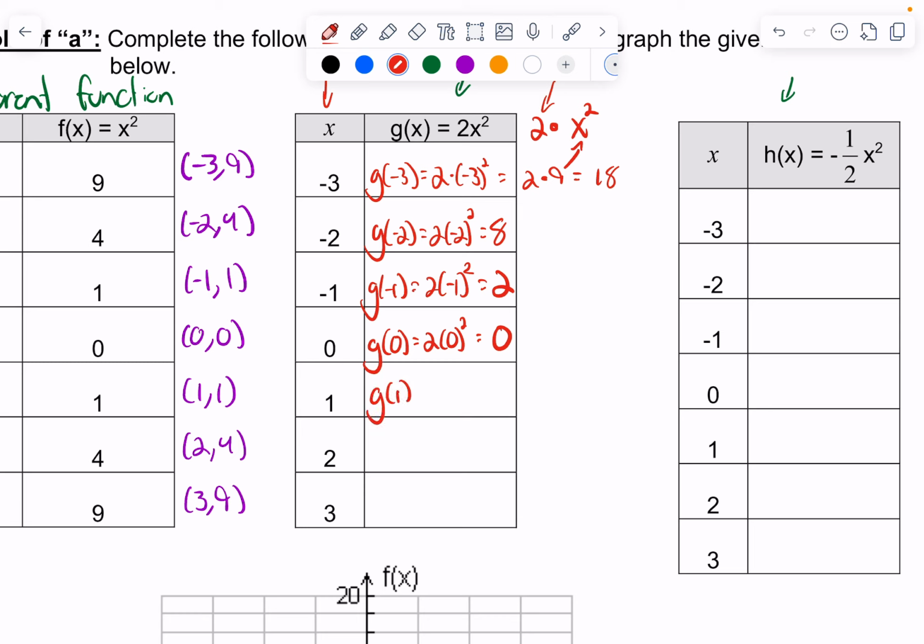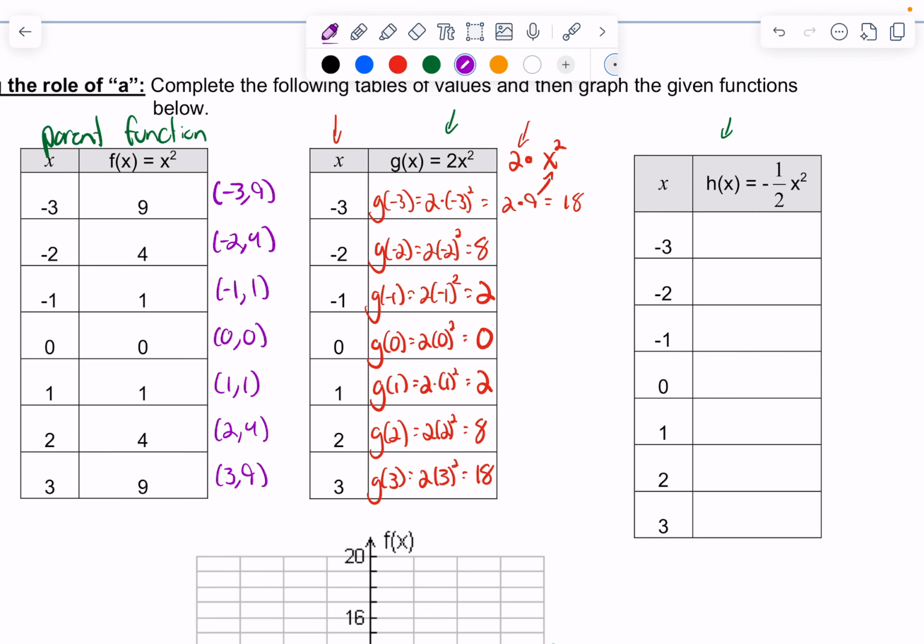G of 1 is 2 times 1 squared, or 2. Then g of 2 is 2 times 2 squared, giving you 4 times 2, which is 8. And g of 3 is 2 times 3 squared, which is 9 times 2, 18.